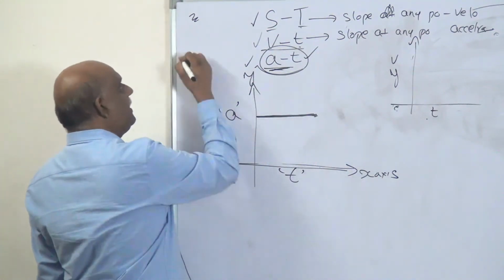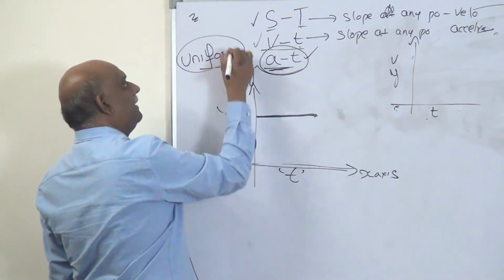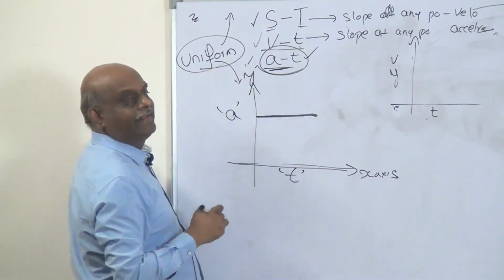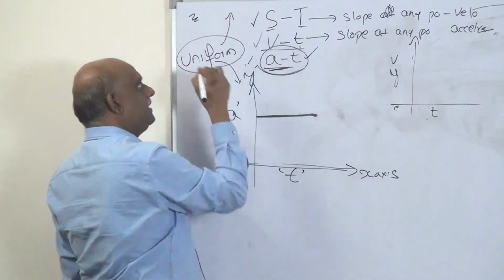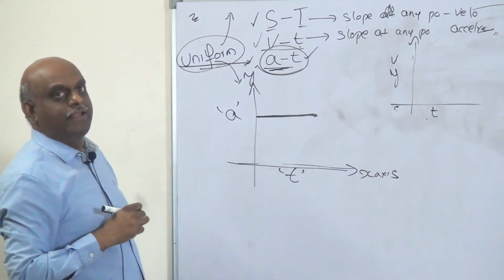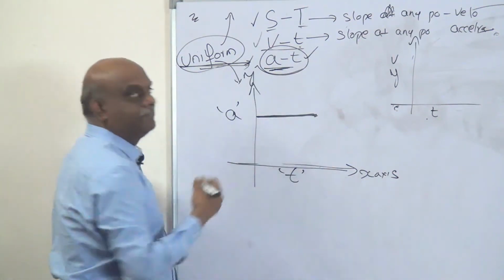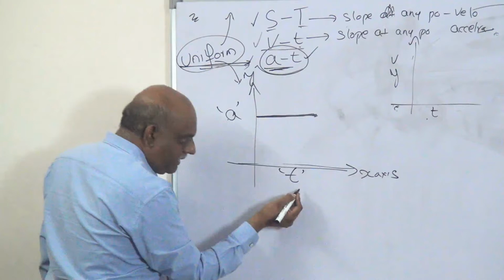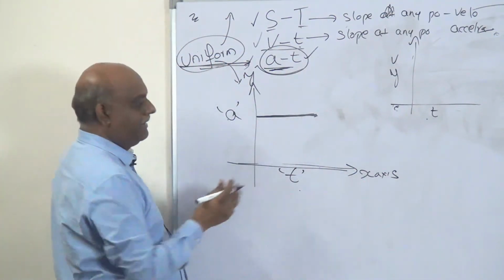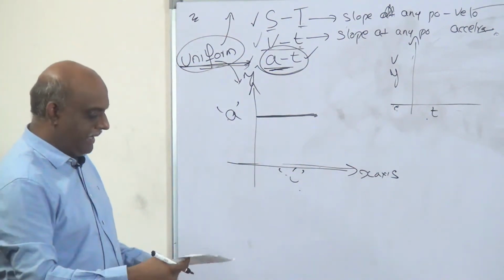So when acceleration is uniform, what does uniform mean? It is neither rising nor falling. Without falling down, without rising. If an object is traveling uniformly, that is called uniform acceleration over a period of time, then the acceleration time graph will typically be a horizontal line parallel to the x-axis, is what you have to remember.